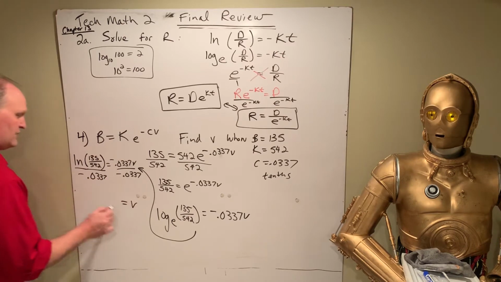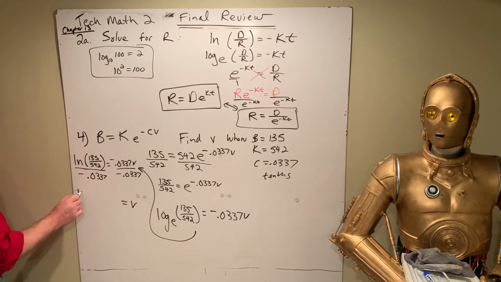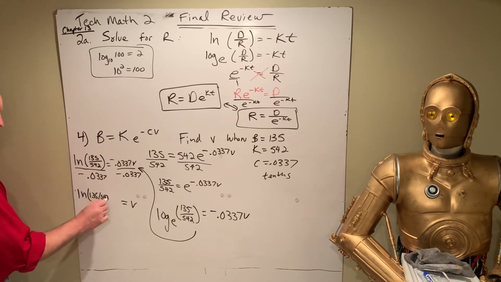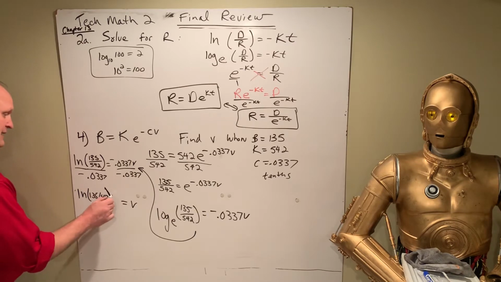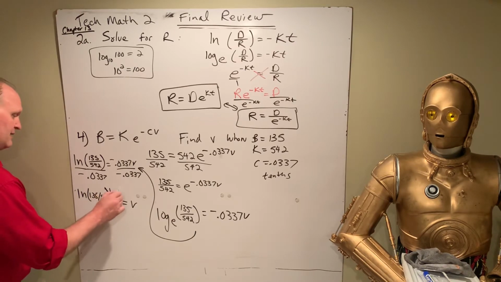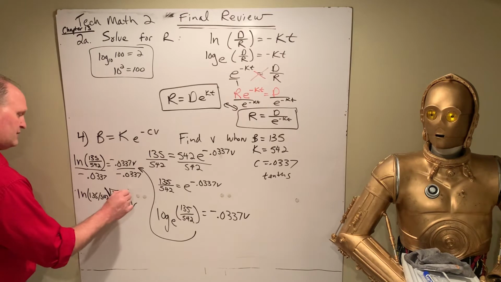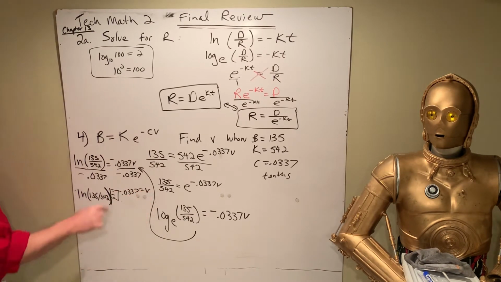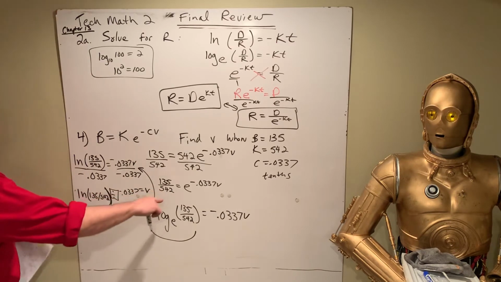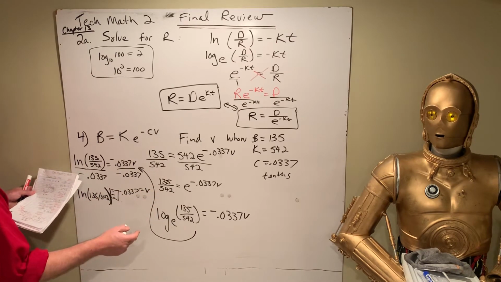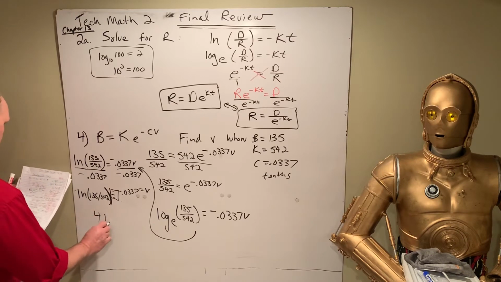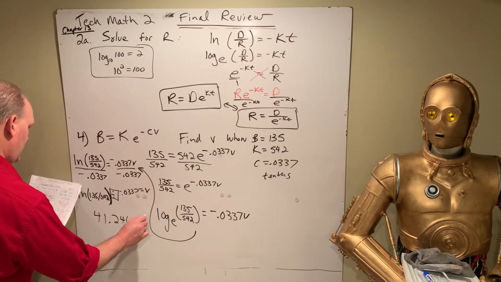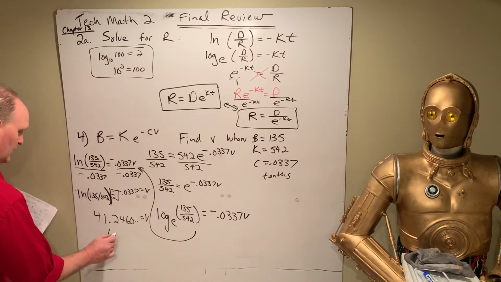And there's V. So V is equal to, and on your calculator, you're going to type ln of 135 divided by 542, in parentheses, divided by negative 0.0337. Sorry, I've got to smoosh that over like that. All right. So now we type that in, you hit enter, and voila, 41.2460, and they only want it to the tenths place, so we're going to call it 41.2.